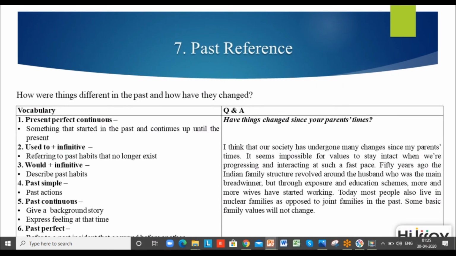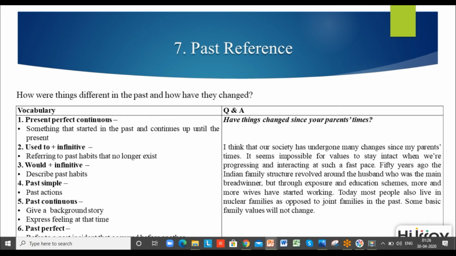Let's look at a question and answer example. Have things changed since your parents' times? I think that our society has undergone many changes since my parents' times. It seems impossible for values to stay intact when we are progressing and interacting at such a faster pace. 50 years ago, the Indian family structure revolved around the husband who was the main breadwinner.